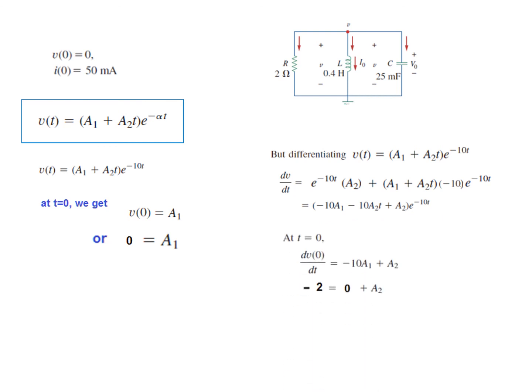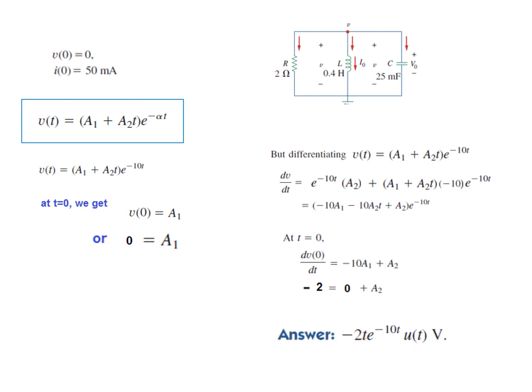Now we put t is equal to 0 in this also. So dv dt at 0 is minus 10a1, this becomes 0, and a2, and this is obviously 1. So dv dt at 0 is, now we put the value of dv0 that we had got earlier, minus 2. Therefore a2 is equal to minus 2.